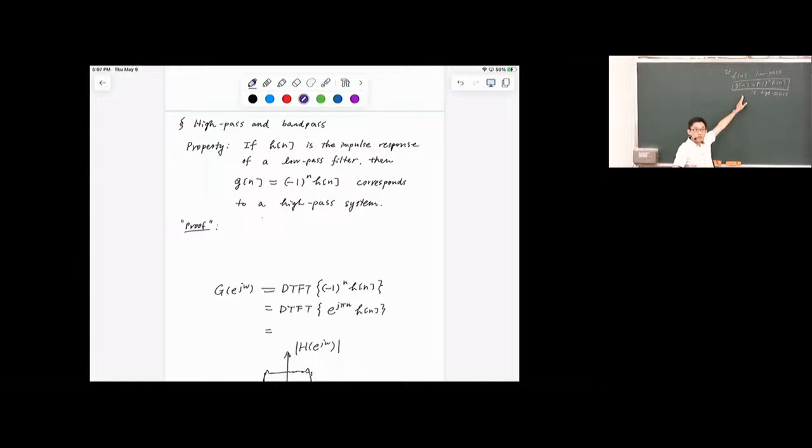Okay, very simple idea: when we have a low pass system to begin with, if h of n is the impulse response of a low pass filter, then simply by multiplying h of n with (-1) to the n, we modulate our system by changing the sign of every other sample in that impulse response.